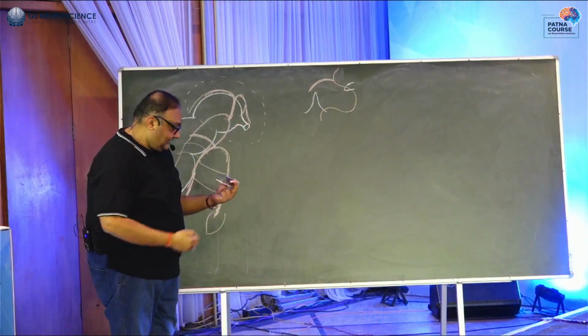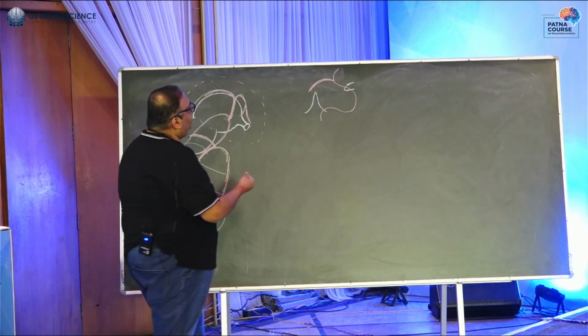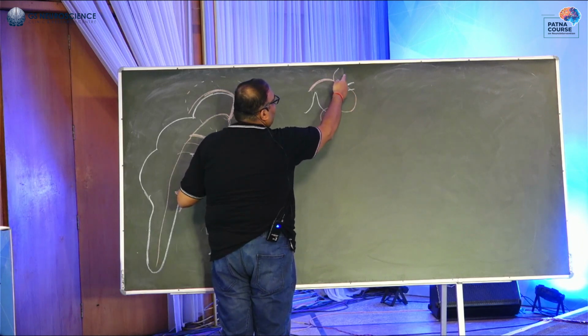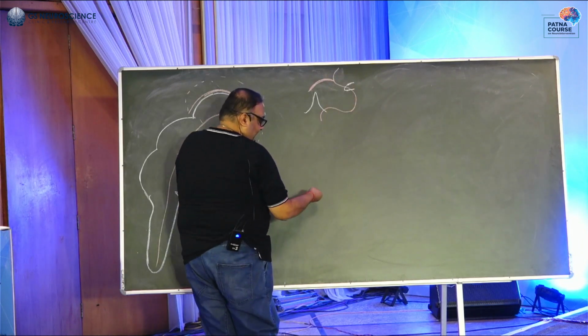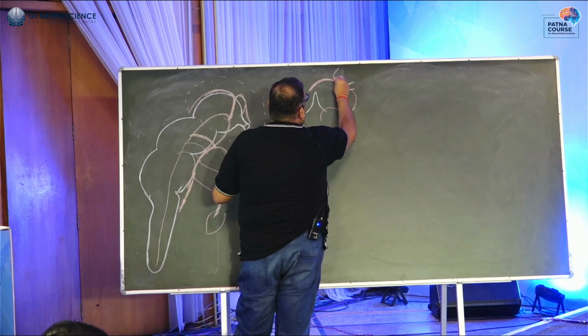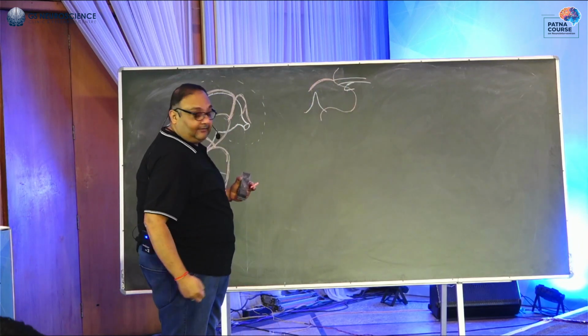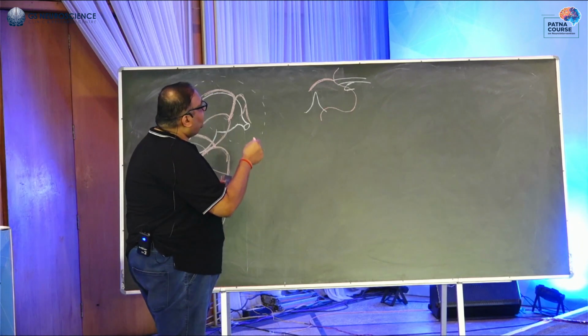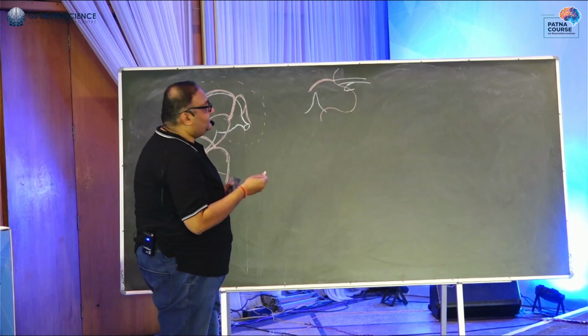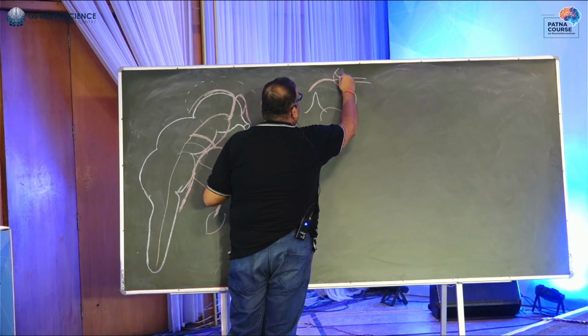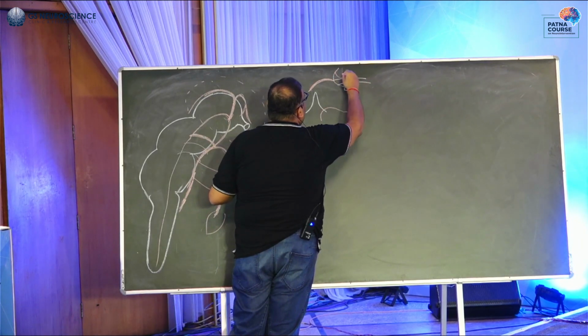So in the first stage, you will have a tiny branch. Now this is the clinoid, so this is the supraclinoid segment. So this is where the optic nerve is going to be, which is central nervous system. So the first supply to this developing part of the central nervous system is going to come from a brain artery, that is the anterior cerebral artery.